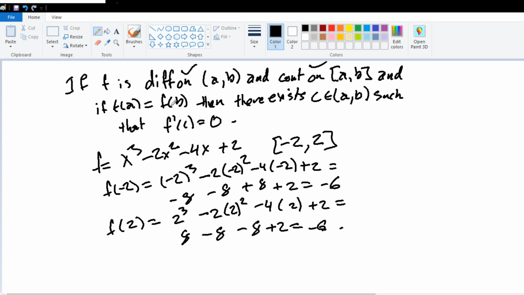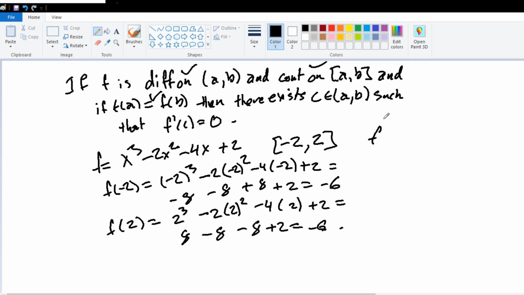So this satisfies all three hypotheses of Rolle's theorem. So that part is done. And then the next part is to find the point c that satisfy the conclusion. So all we have to do is figure out where the derivative equals 0, because derivative equaling 0 is the conclusion, and then any point c that makes that happen satisfies the conclusion.